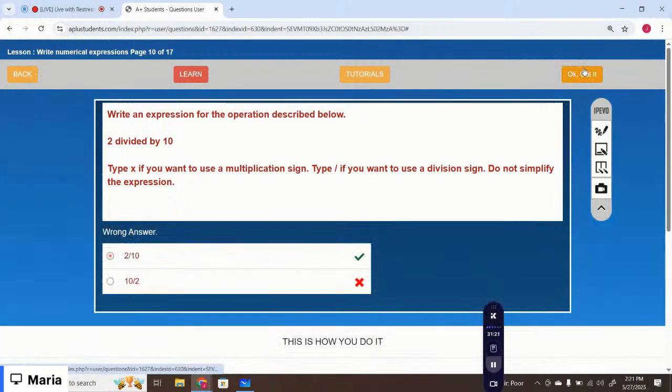Okay, you can complete the lesson by yourself, but today we just move on to the next lesson.